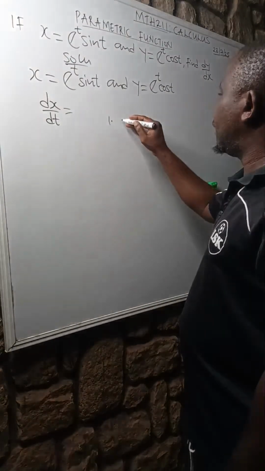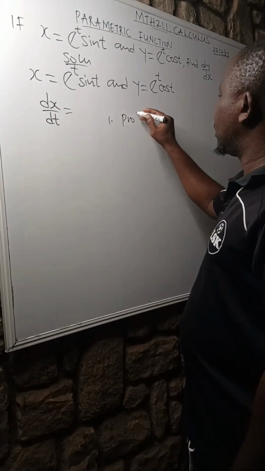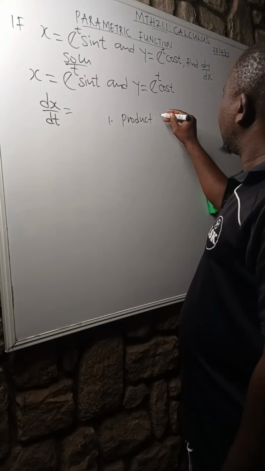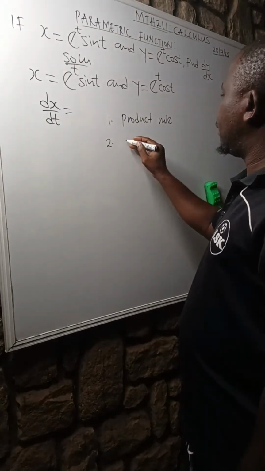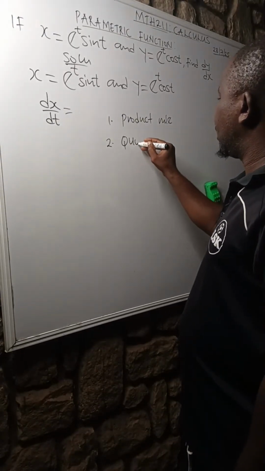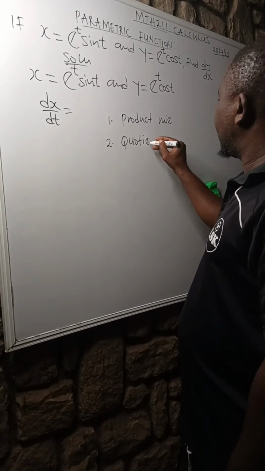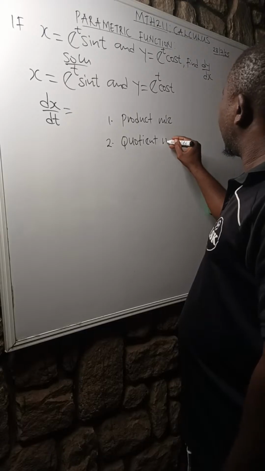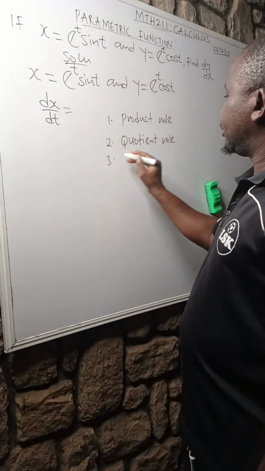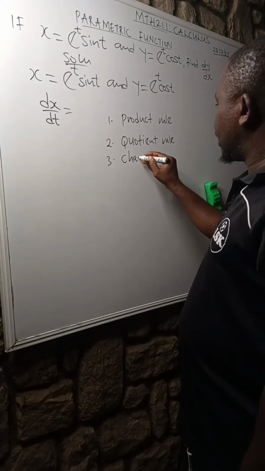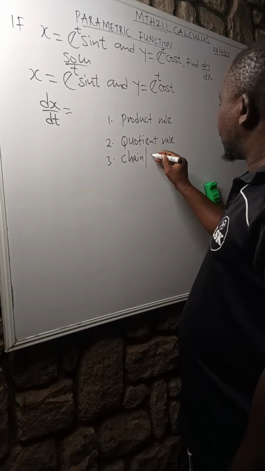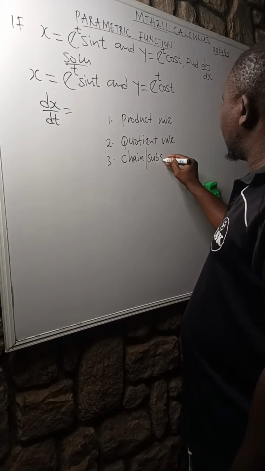One, we have the product rule. Two, we have the quotient rule. Three, we have the chain rule or substitution rule.